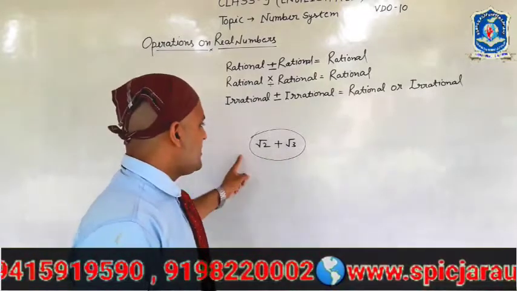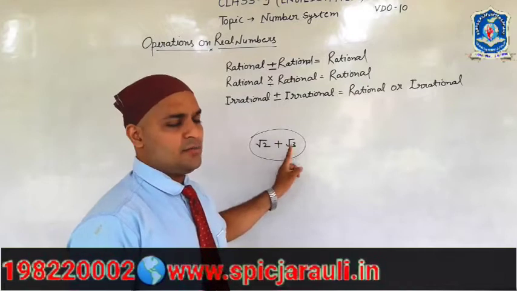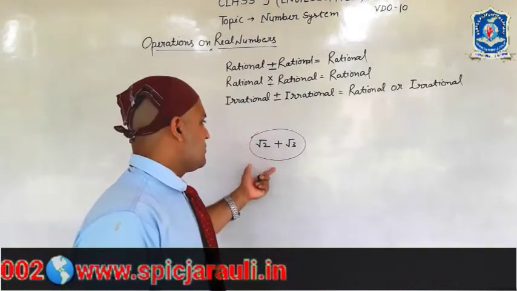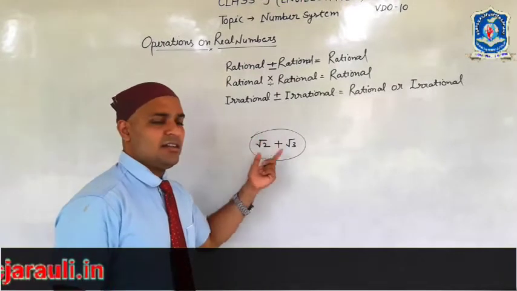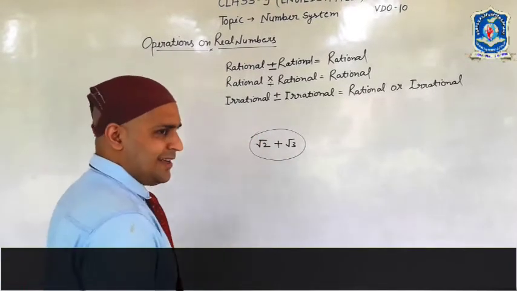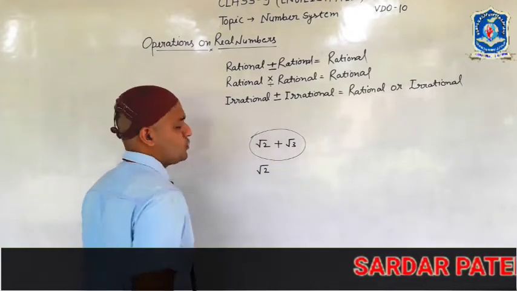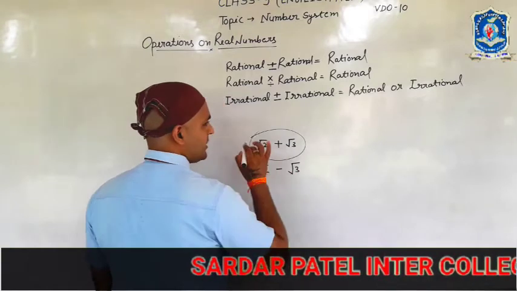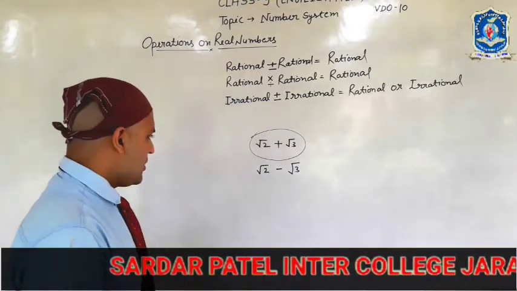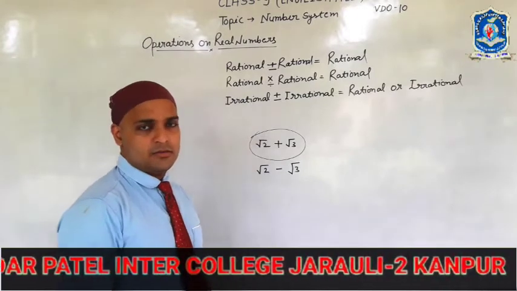This is not a rational number, this is an irrational number. If we take root 2 and root 3 and subtract, we get an irrational number too.